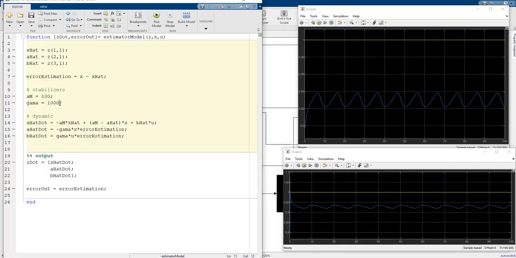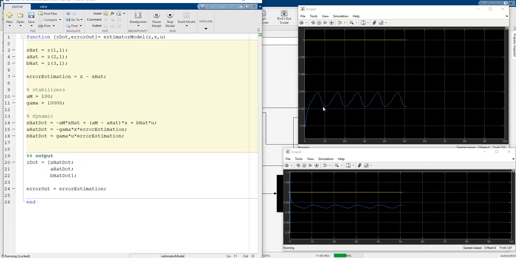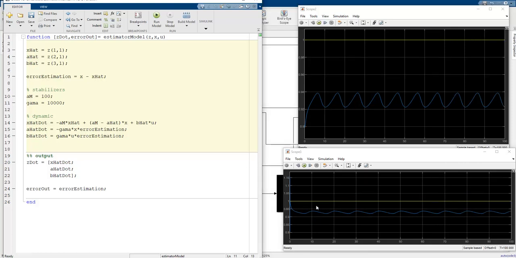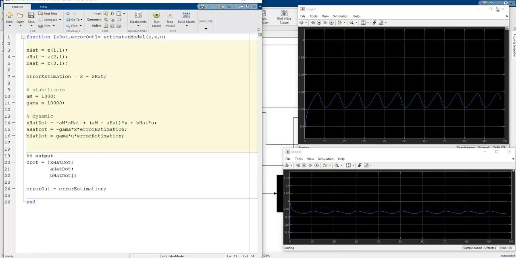If I increase the gamma value by 10 times and run this code, our proper code is more stable than before, because the 1.1 is reached at this moment. And if the stabilization term is increased like this, then the R term is equal to these things, okay?